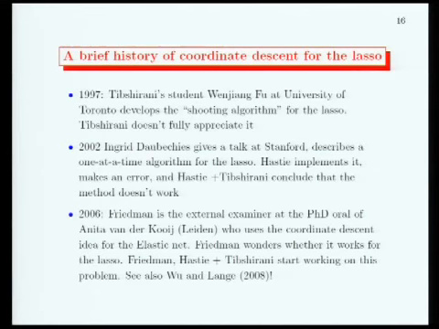Honestly, it was one chapter in his thesis, and I didn't really understand the chapter that well. I signed it nonetheless, and he graduated. He didn't call it coordinate descent, and he didn't do anything with it afterwards. But now I look back at it, in his thesis he had this idea. It's equivalent. But I didn't recognize it, and it just stayed there in a thesis. He published it as well, but nothing really happened.